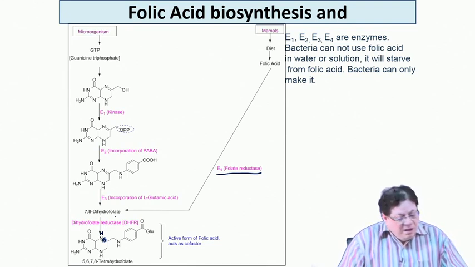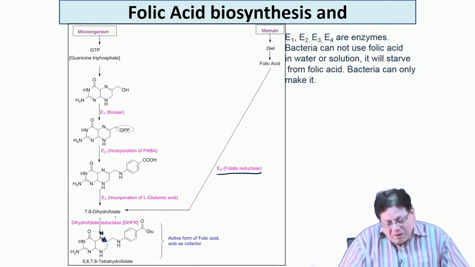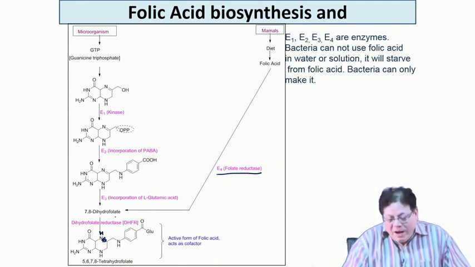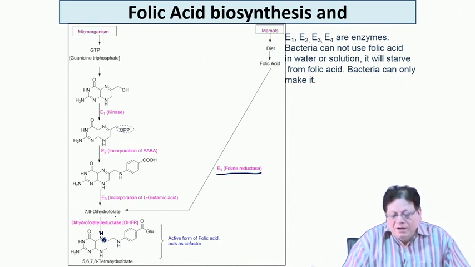So, there is a lot of interest and a lot of chemistry has been developed based on folic acid biosynthesis and this differential way of getting and utilizing folic acid in bacteria vis-a-vis the mammals.